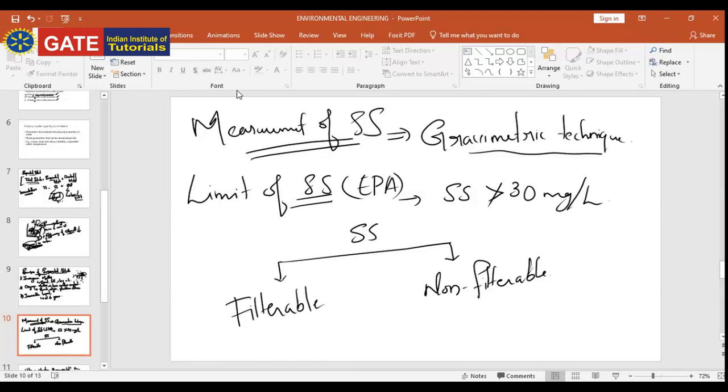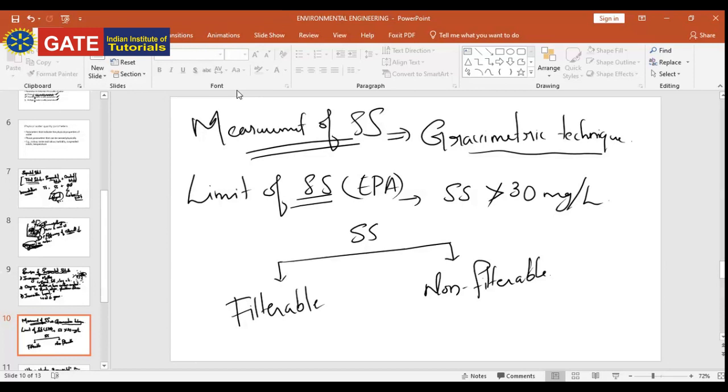So this will increase the growth of microorganisms in the water sample we have taken. So suspended solids will indirectly promote the growth of bacteria or microorganisms. Got it? So these are the main four effects, or problems, of having suspended solids in water.